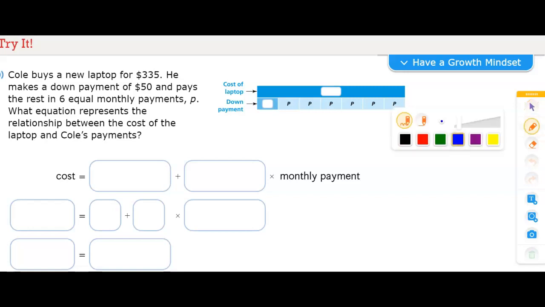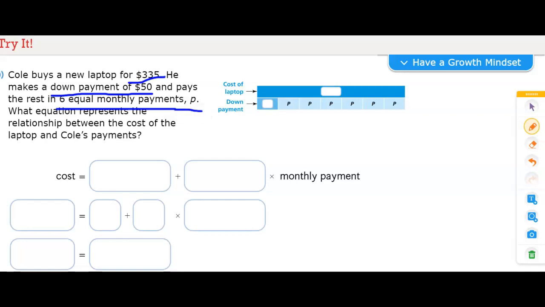We have the cost of his new laptop. We have the down payment. And the rest is paid in 6 equal monthly payments, P. So they are telling us that the variable we need to use is P to represent those equal monthly payments.